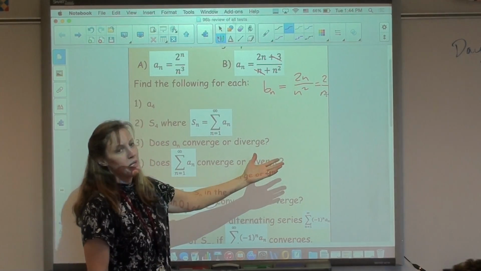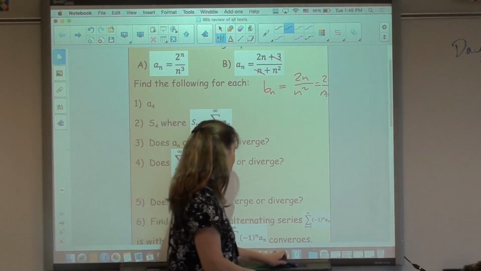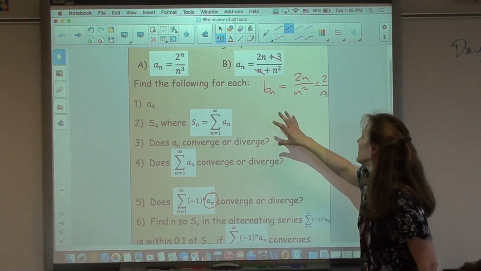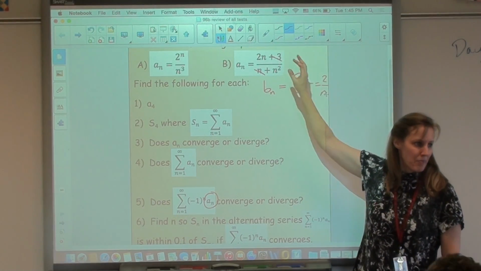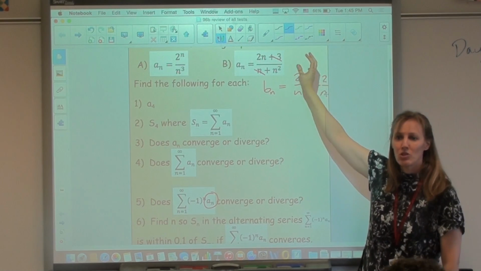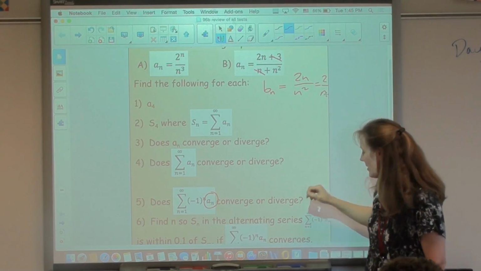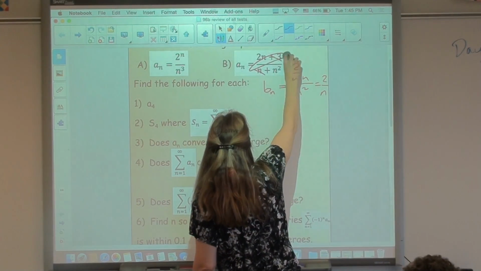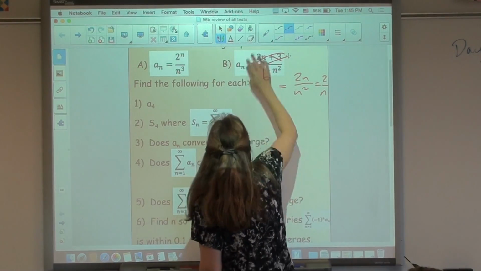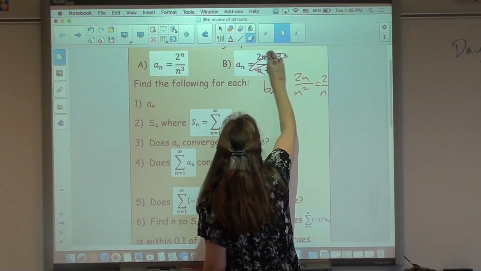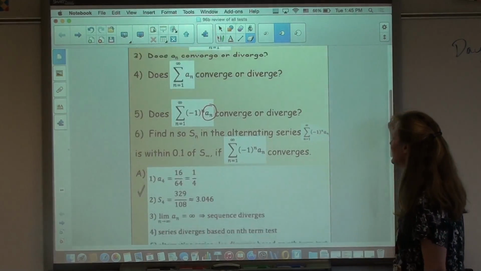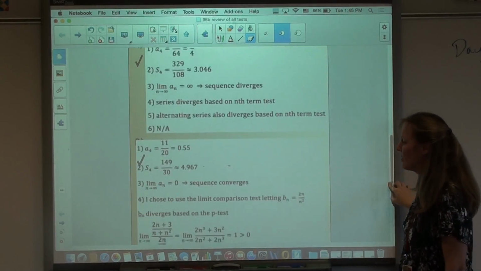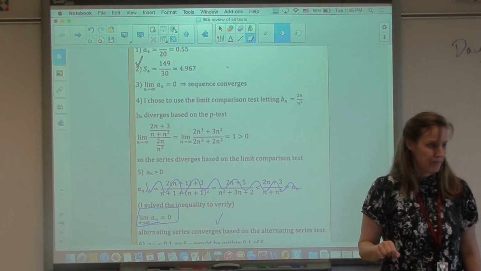To apply the limit comparison test, you just take the limit of one divided by the other. It doesn't matter which one's on top, which one's on the bottom. It makes no difference, but you do one divided by the other. For the limit comparison test, if the limit exists, that doesn't mean they converge, it just means they match.